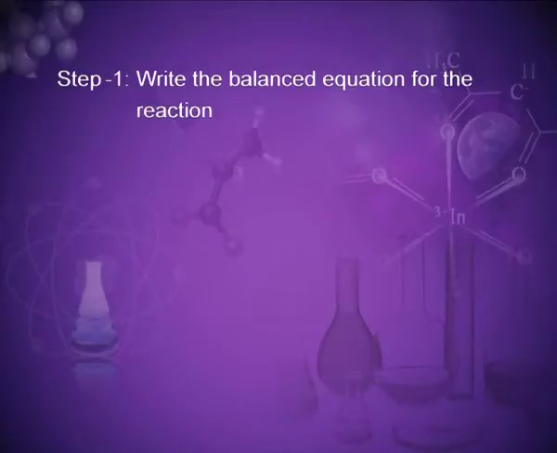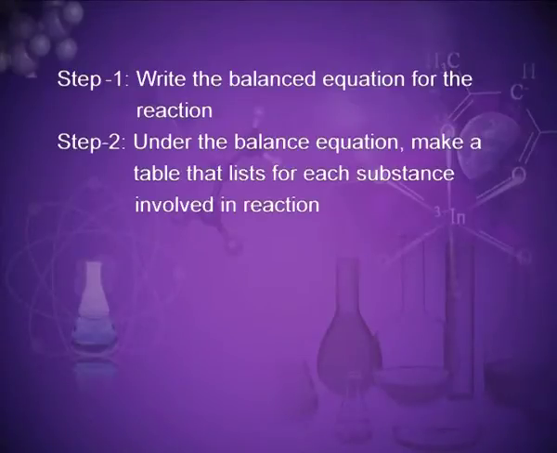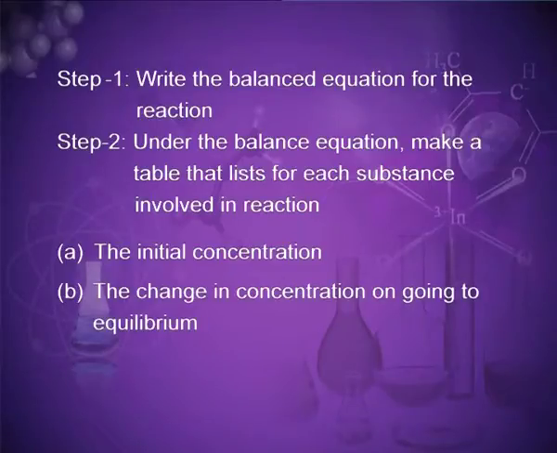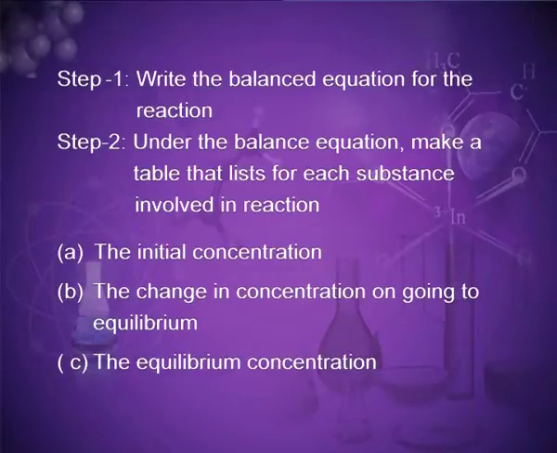Step first, we write the balanced equation for the reaction. Step second, under the balanced equation, make a table that lists for each substance involved in the reaction: A, the initial concentration; B, the change in concentration on going to equilibrium; and C, the equilibrium concentration.